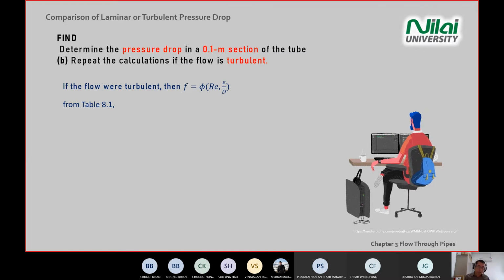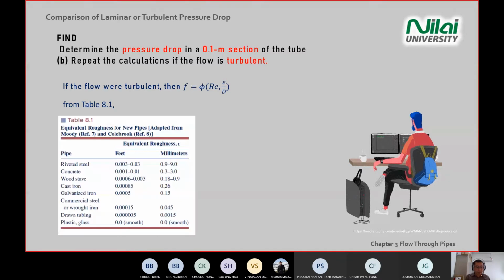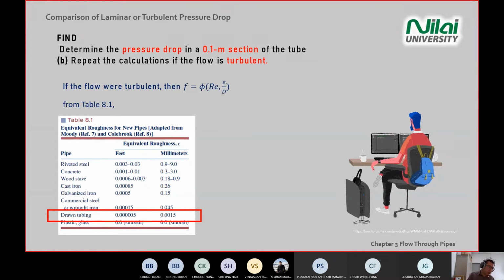So if you refer to table 1.8, we are using drawn tubing here, or you can refer to your tutorial which is above question 32. So be careful, we are using SI units, so we are using the 0.0015 value for surface roughness or equivalent roughness later on. So don't use the wrong value.